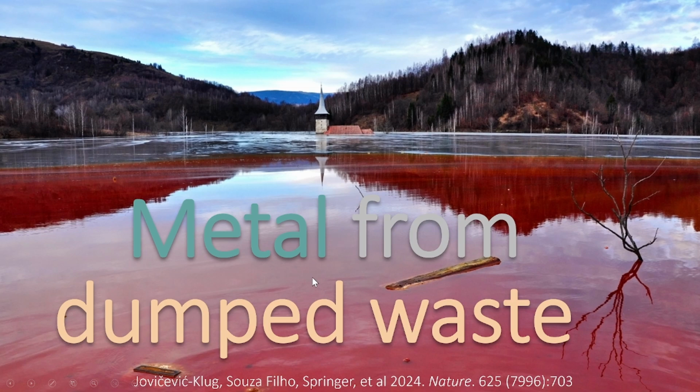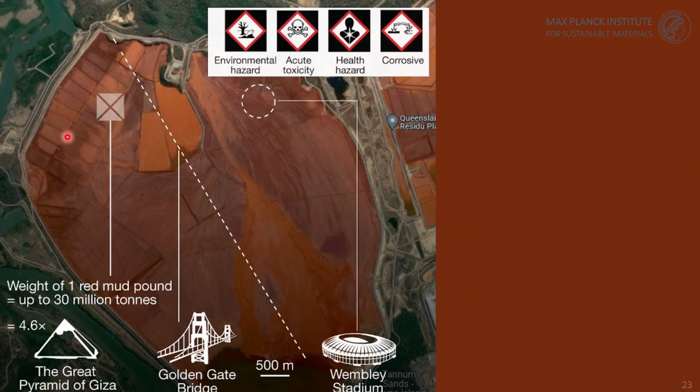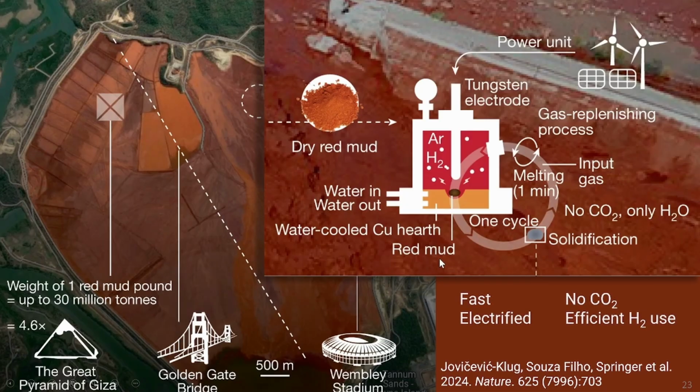This has amassed to more than 4 billion tons around the globe as a very toxic waste product. Here's a picture that shows how large some of these ponds are. You could even sink the pyramids of Giza, the Golden Gate Bridge, or Wembley Stadium in these ponds, just to give you a feeling of how gigantic these red mud residues are.